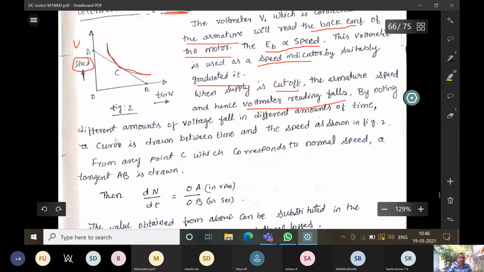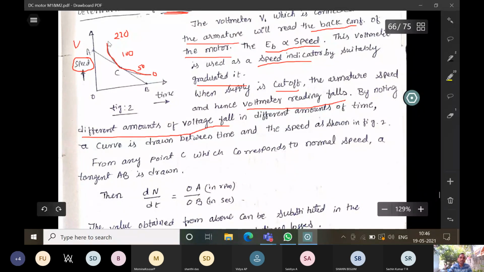Note down the different voltages. Suppose initially it is 220 volt, then it decreases to 100 volt, then finally to 50 volt, and finally it comes to 0 volt. So note down the readings of the voltage. The voltage is decreasing, and similarly the speed is also decreasing.